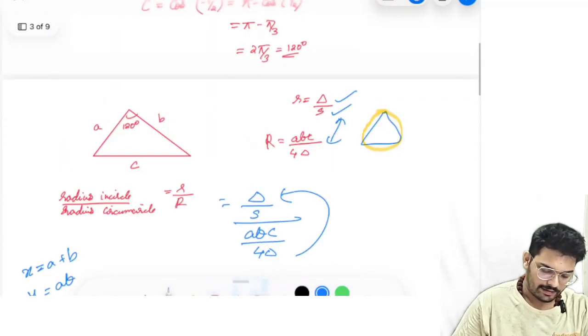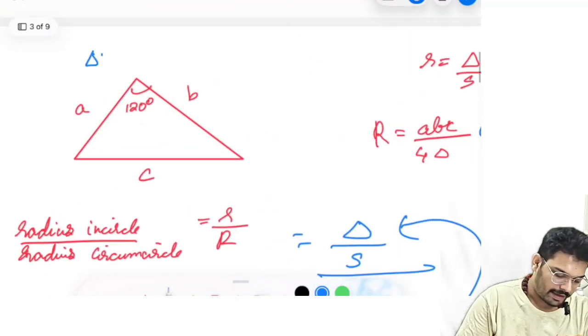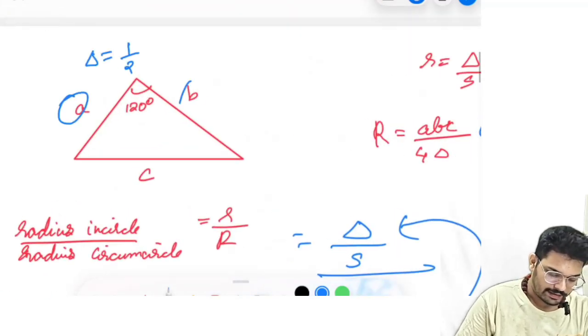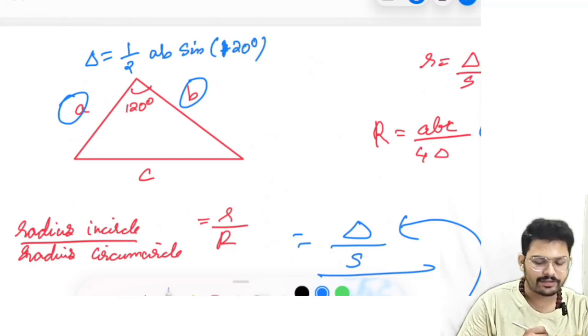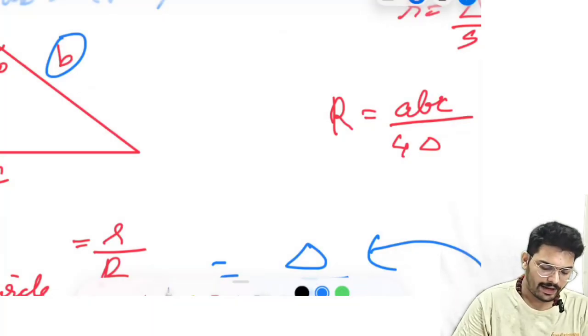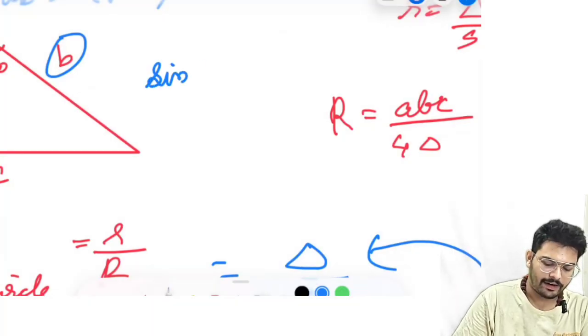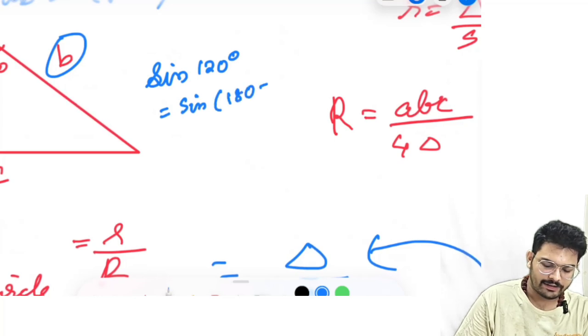So here what will be our delta value? Area will become half into these two sides, ab, into sine of 120 degrees, the sine of this angle. Now what will be the value of sine 120 degrees? Sine 120 degrees will be equal to sine of 180 minus 60 degrees.